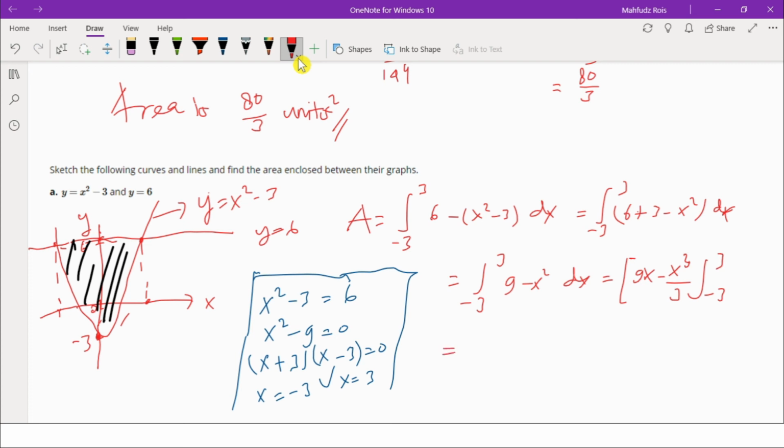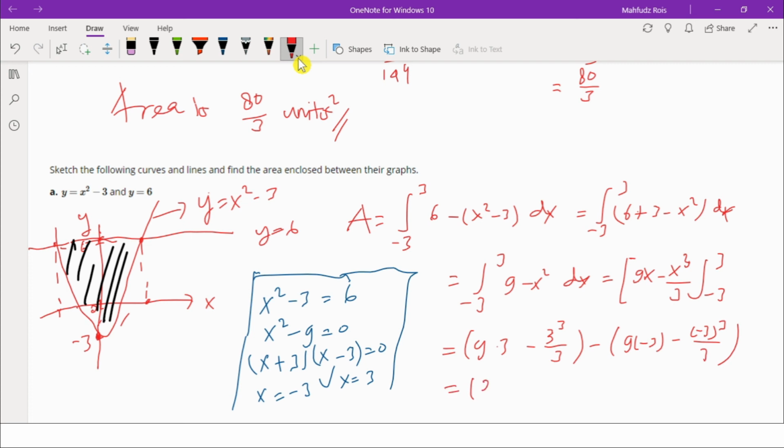We substitute with 3 first, so 9 times 3 minus 3 cubed over 3, minus 9 times minus 3 minus minus 3 cubed over 3, like this.